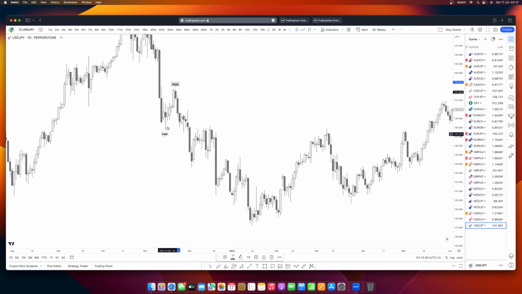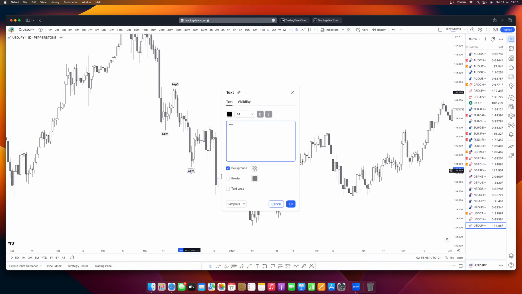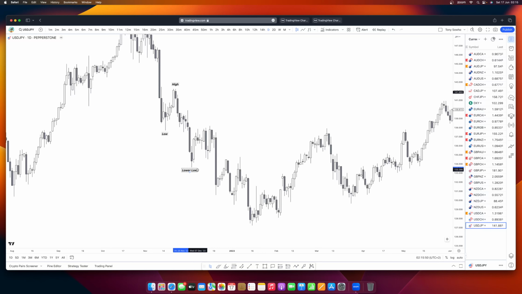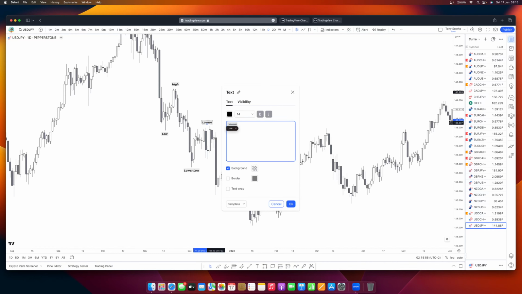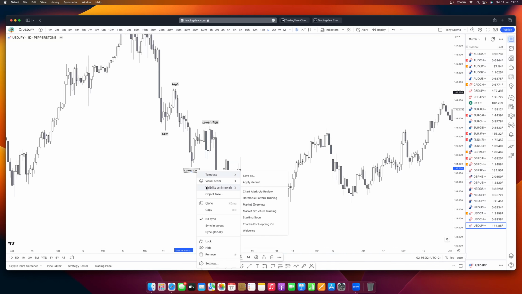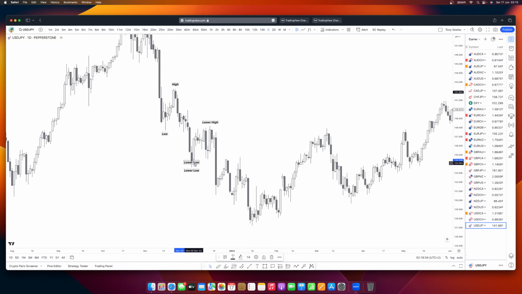Then we have this now as the lower low. And we have this area here as the lower high. Okay, just follow me. Lower high, right? Then price gave us this new lower low.